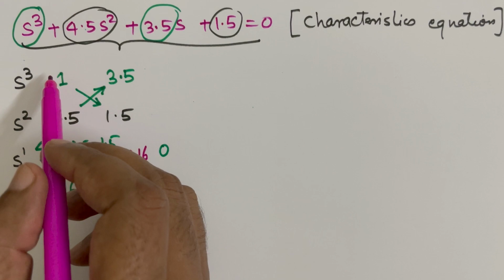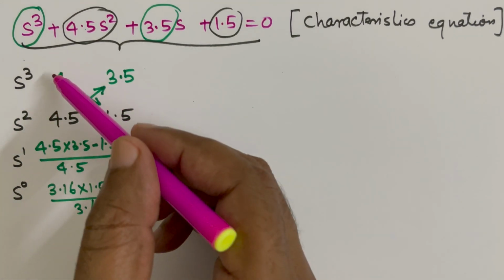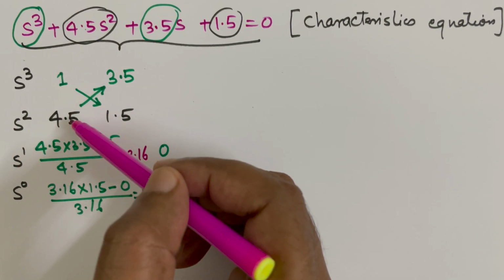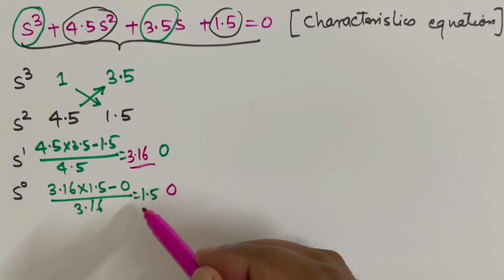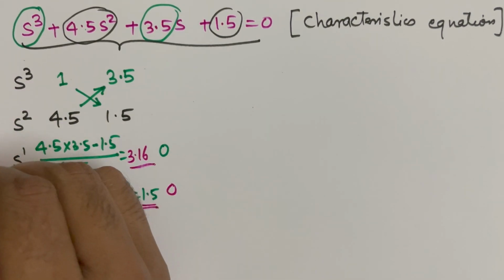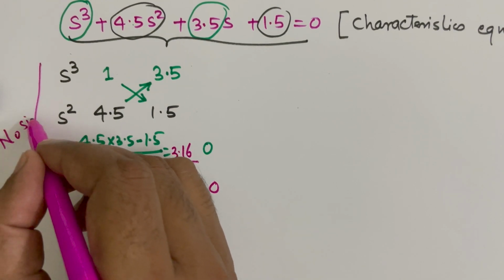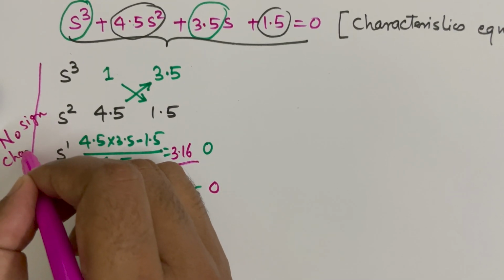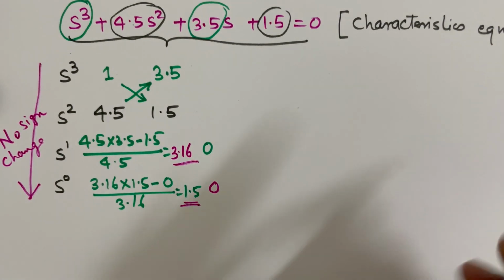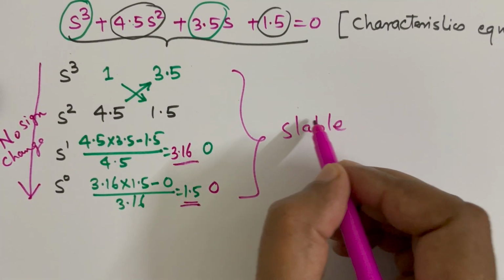Now we just have to check the first column for any sign change. So this is positive 1, positive 4.5, positive 3.16 and positive 1.5. While going from top to bottom, there is no sign change. If there is no sign change, it means the system is stable.